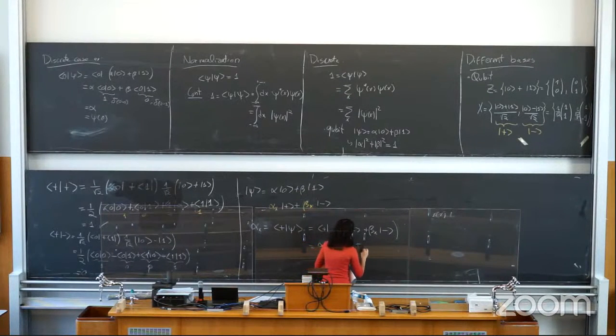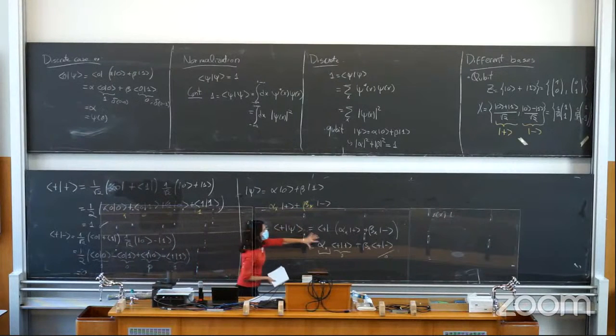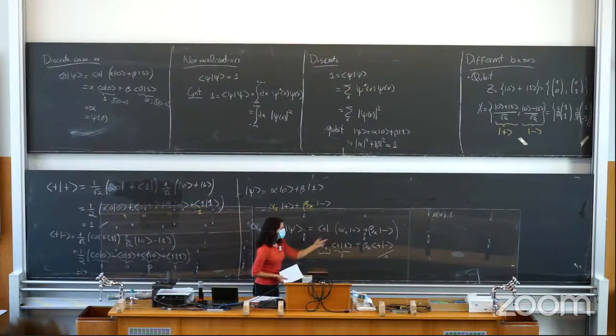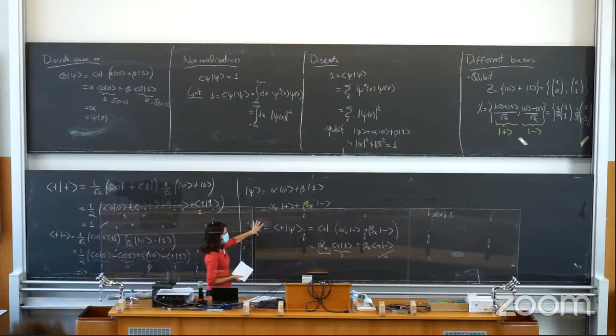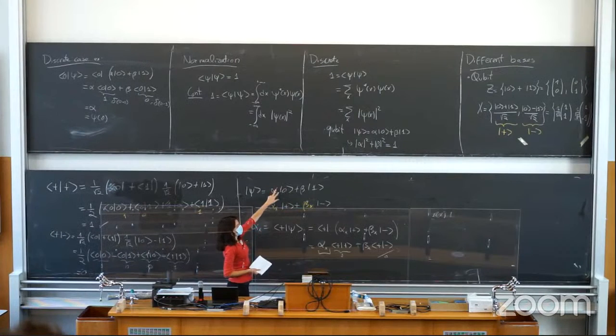Plus beta x plus minus, and this is 0, and this is 1, so we get just alpha x, right? So it works, but of course we don't know these numbers yet, so we cannot recover it from here, but we can just use the expansion that we already know.